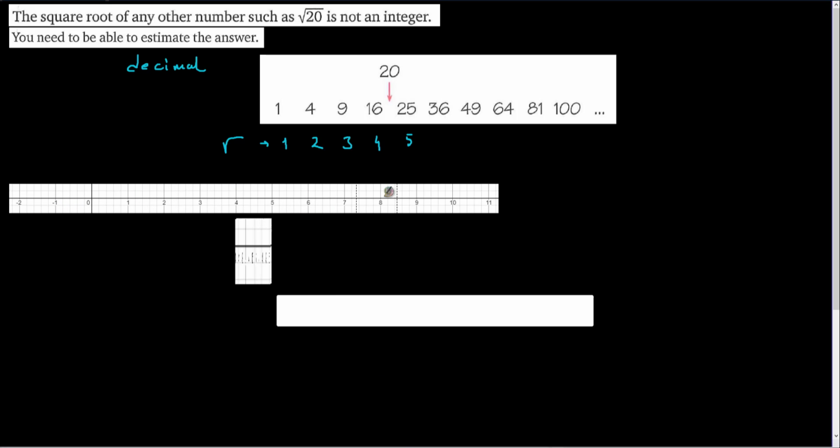As you see, this is a real number line, and the answer is going to be between 4 and 5, because 20 is between 16 and 25.